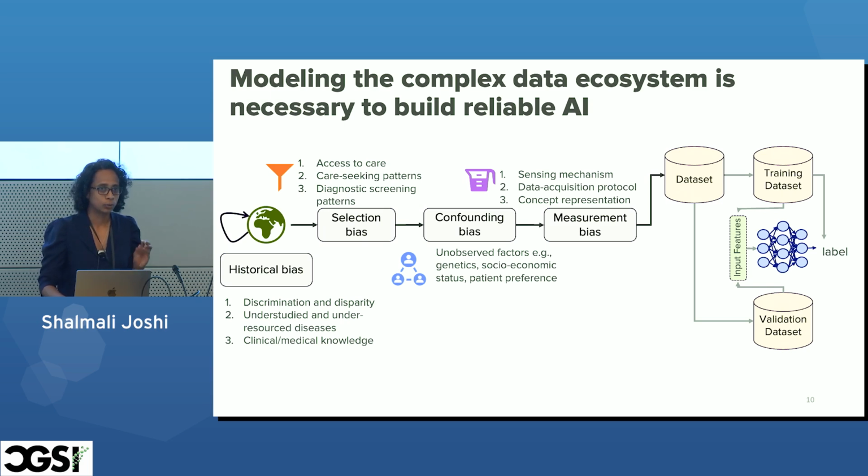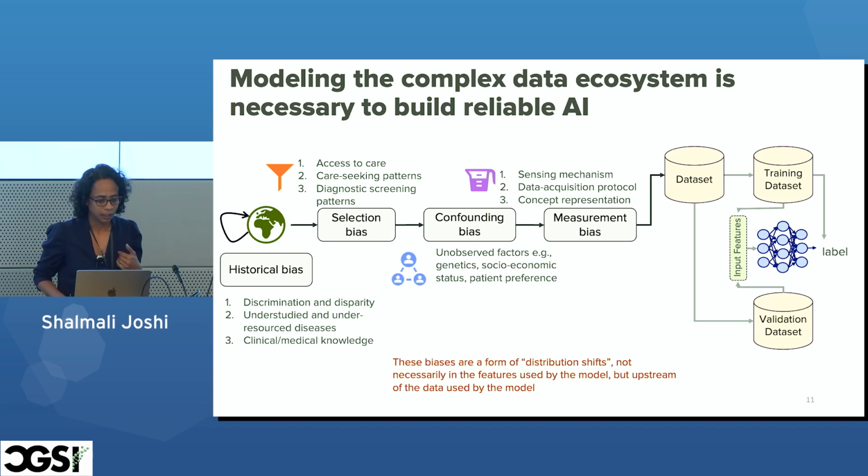Okay? And so what I'm here to just show you a case of is to suggest that we're going to have to start modeling this ecosystem if we want to build reliable AI. And so we are going to use a paradigm of distribution shifts to start thinking about this problem. These biases are going to be thought of as distribution shifts. We like distributions.